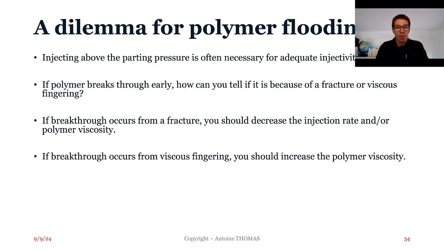So again, you could decrease the rate if you have viscous fingering occurring. The best way to fix that is basically to increase polymer viscosity. And this is very often what we see in polymer floods, which is we see some polymer breakthrough a little bit after a couple of weeks or months after the beginning. This is basically because we have underestimated heterogeneity, we have viscous fingers, and so the idea is to minimize any polymer coming in the producers.